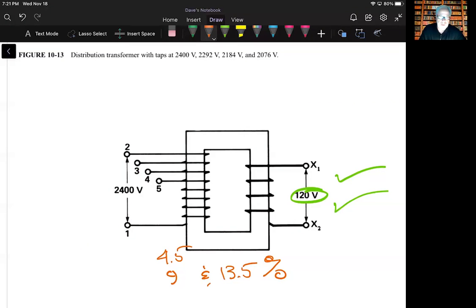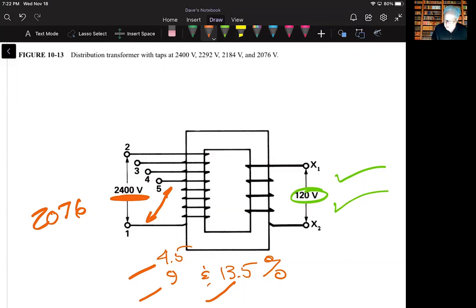Well, there are particular reasons why these percentages are calculated the way that they are. So what we can do is maintain a satisfactory secondary voltage, even though the primary voltage may be 4.5, 9, or 13.5% below the normal, which we call 2400. So if we're referring to the transformer in figure 10.13, and the line voltage was 2076 instead of 2400, what we could do is use terminals 1 and 5, okay?